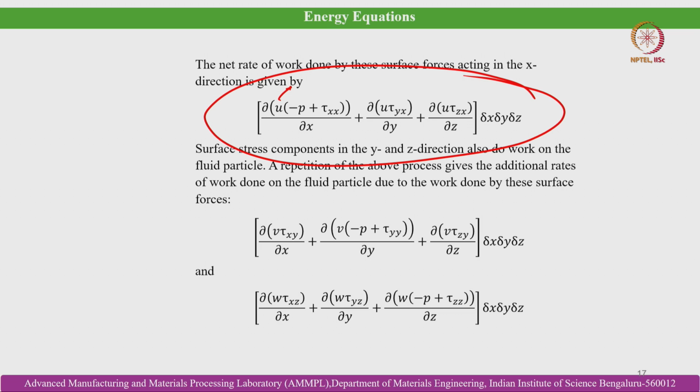Surface stress components in the y and z directions also do work on the fluid particle. A repetition of the above process gives the additional rates of work done on the fluid particle due to these surface forces.